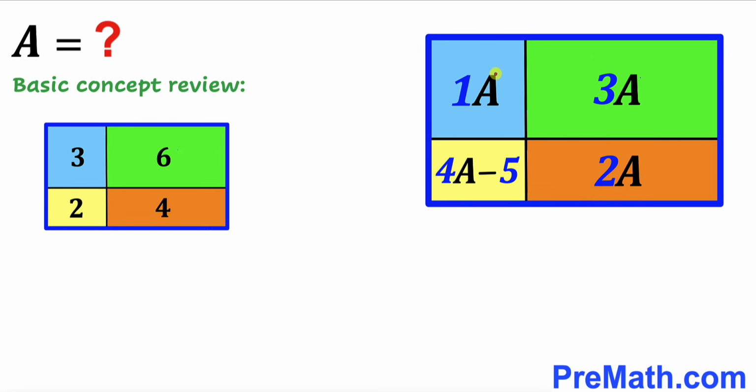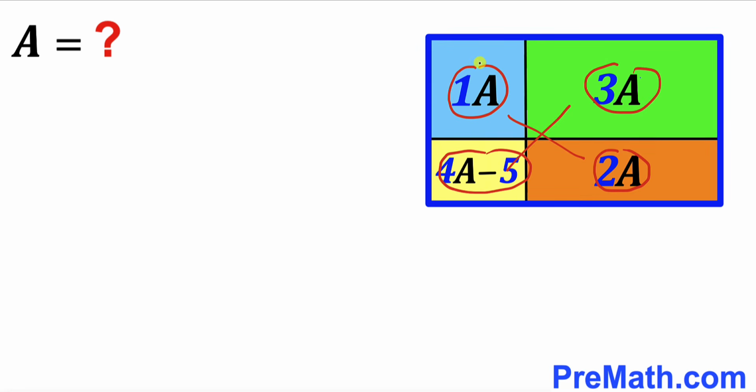So we are going to apply this crisscross multiplication method on this given problem. In other words, the product of these two areas must be equal to the product of these two areas. So I can write down 1 times a times 2 times a is going to be equal to 3 times a times 4 times uppercase A minus 5.